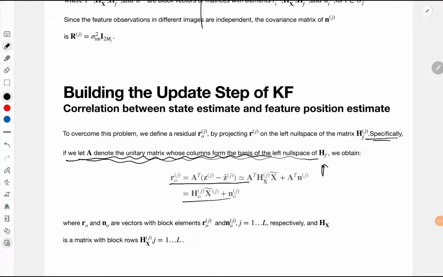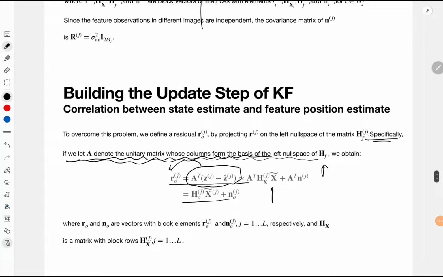In the actual implementation, we'd be using this part to calculate this residual, because you can't actually calculate these error vectors. So you would find the projection, or the left null space of HF, and multiply it with these two stacked measurements and predictions, and that will give you this r0 of i.